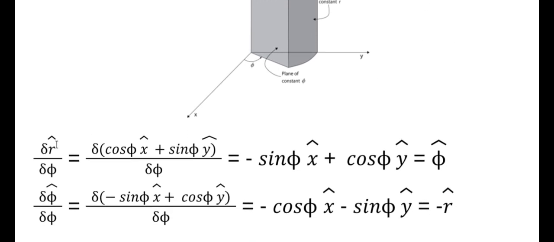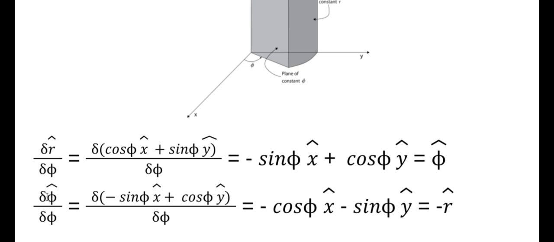And the reason I'm pointing this out is because a couple of times we're going to be taking partial derivatives of unit vectors, and 2 of them are special, and it's these 2. Okay, the partial derivative of r hat with respect to phi, we found that above, right, is this expression, which is just phi hat.